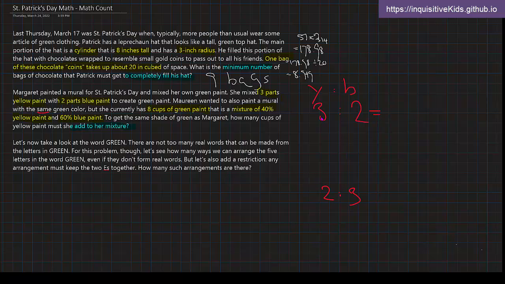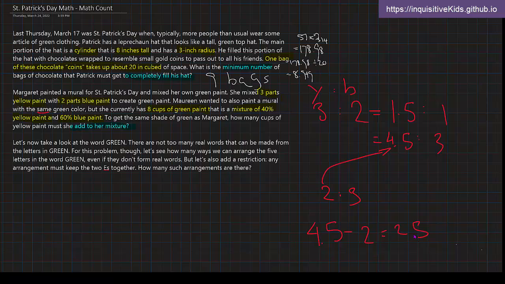So this is 3 to 2, which is equal to 1.5 to 1. And that makes it equal to 4.5 to 3, right? Because we multiplied a 3 on both sides. So we're just trying to get 2 parts to 4.5 parts. So we would do 4.5 minus 2, and we have 2.5.